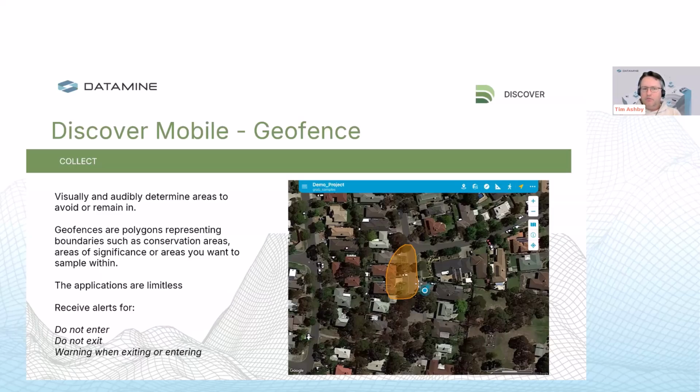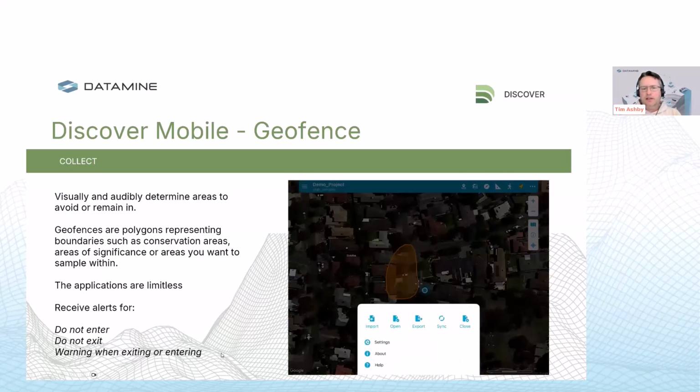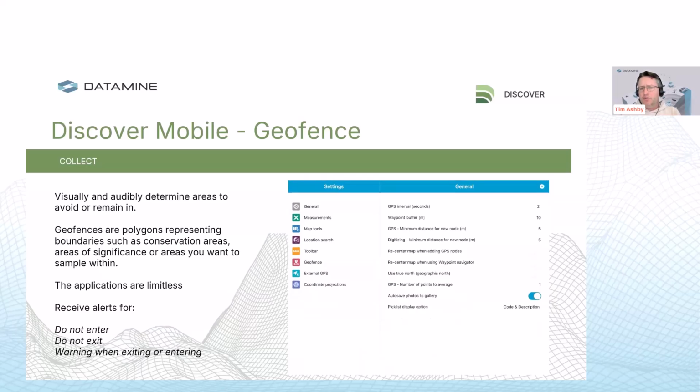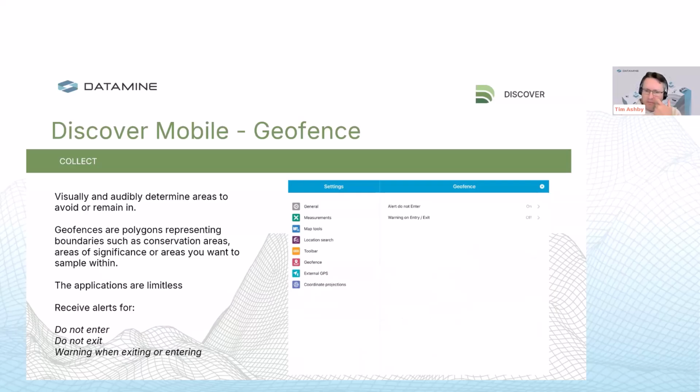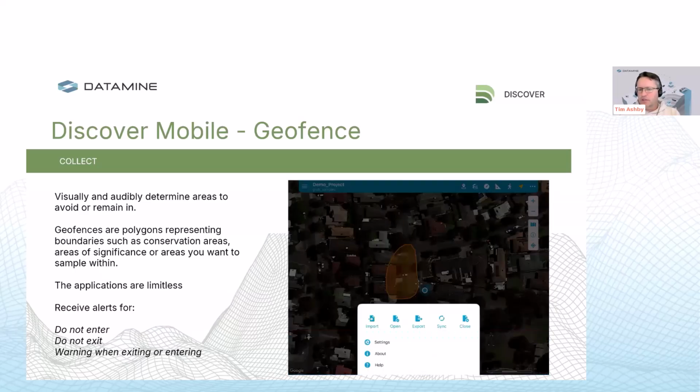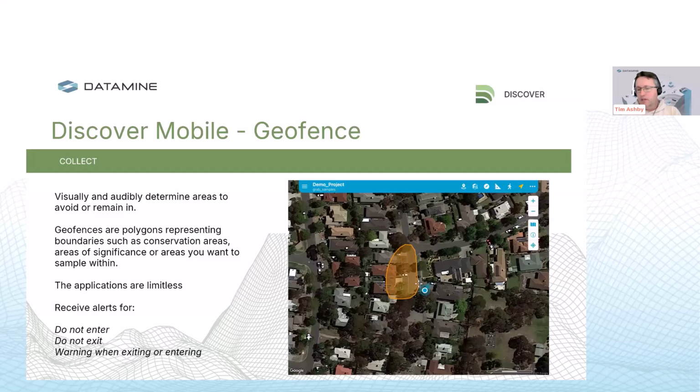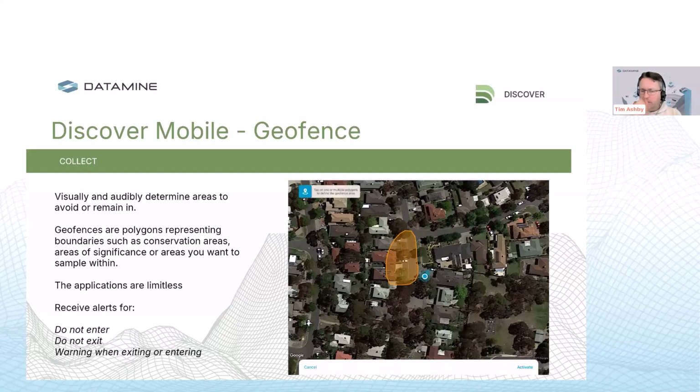So what happens is you get a visual, I'll just run the video as we're going, and audible alerts. So a geofence is essentially just a polygonized boundary, and there may be conservation areas, areas of significance, or areas you want to sample within. So it's up to you what you want to use them for.